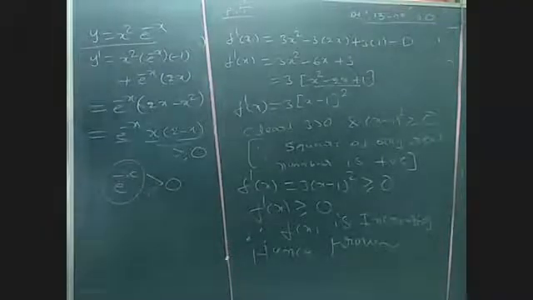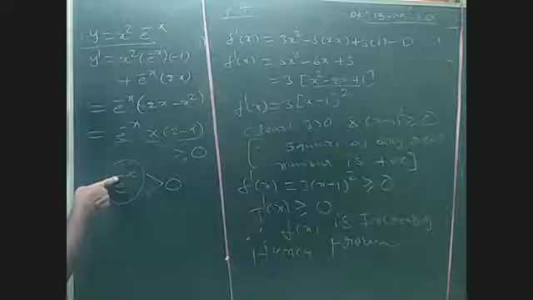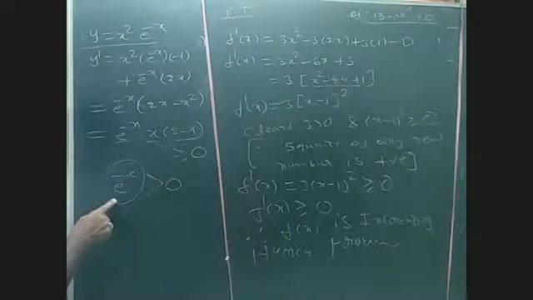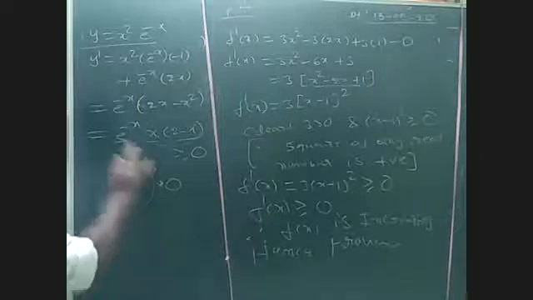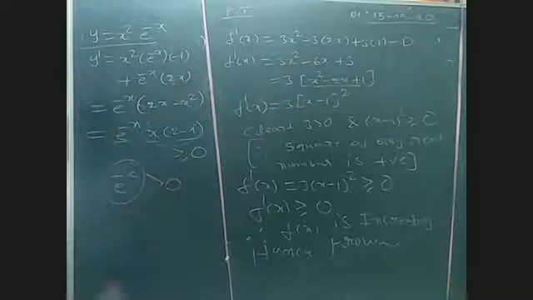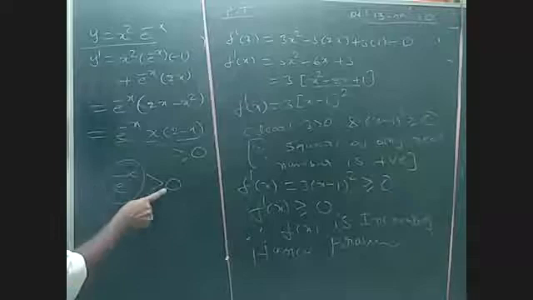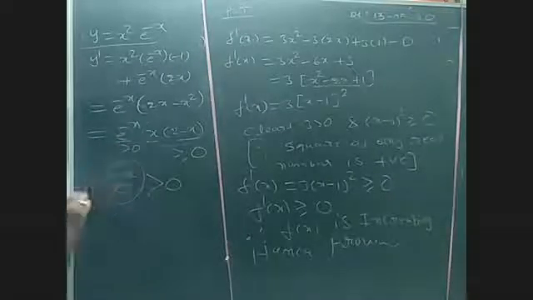Remember, it may be plus, it may be minus. Even minus 100x is also greater than 0. Finally, an exponential function is always greater than 0. It will never equal 0 except at infinity. So this is always greater than 0 already.